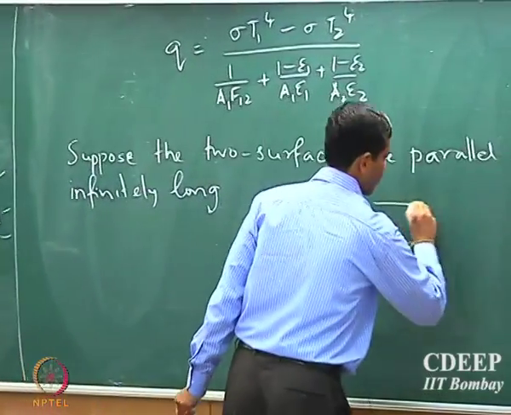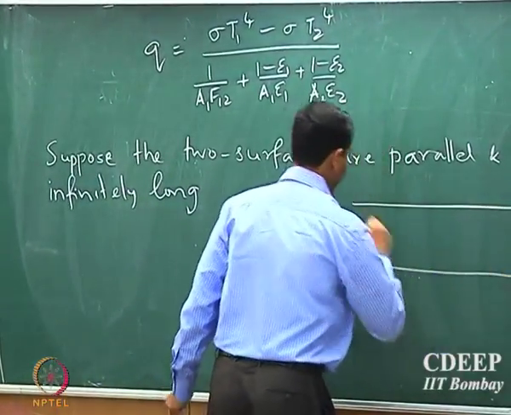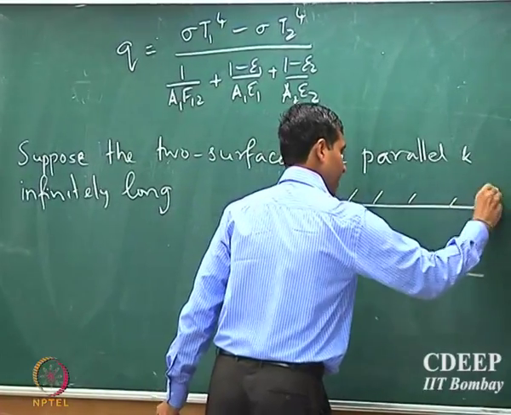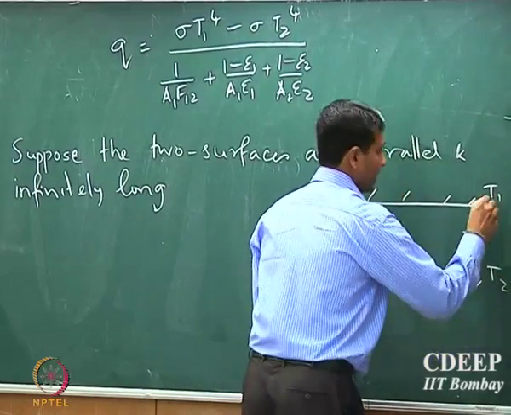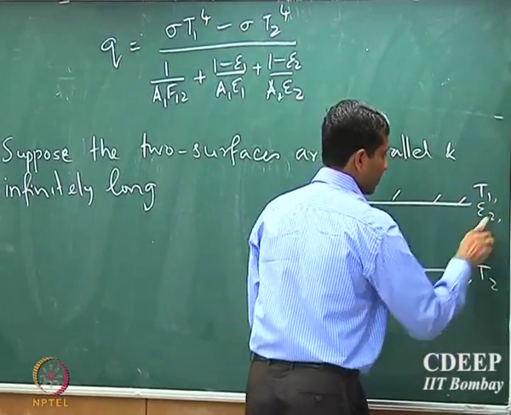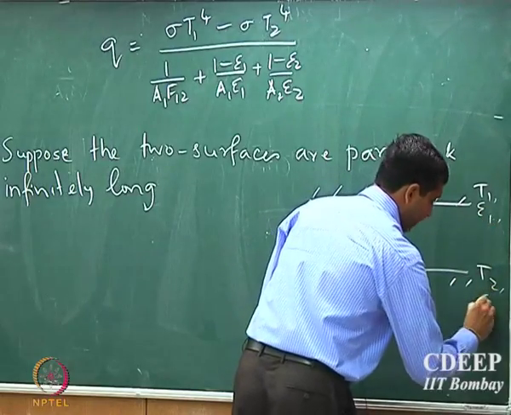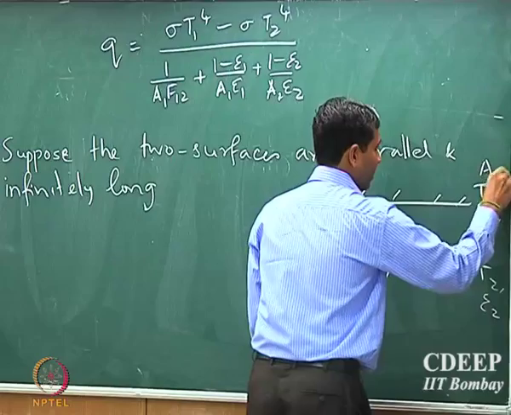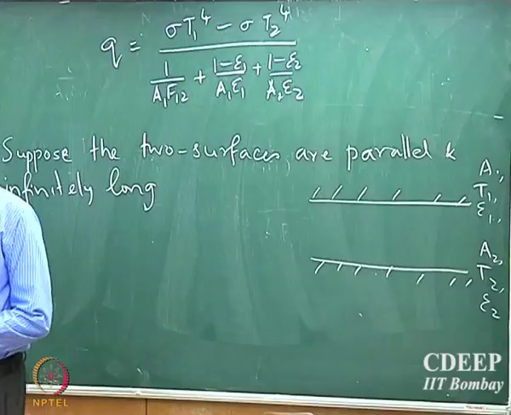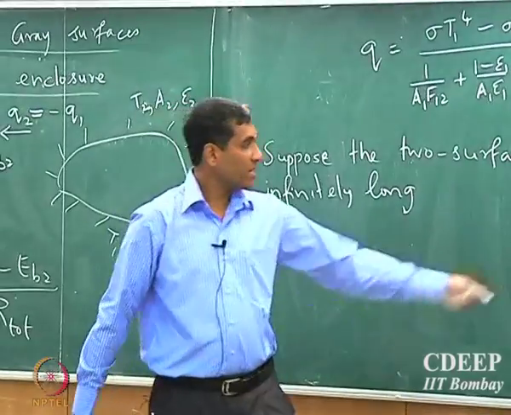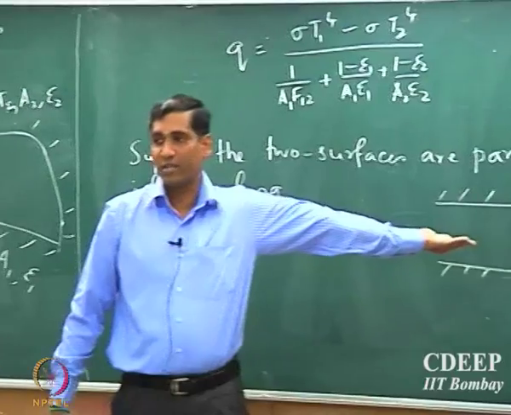So, you have parallel plates maintained at temperature T1 and T2, and the emissivity is epsilon 1, epsilon 2, and the area is A1 and A2. Okay. So, if it is infinitely parallel, then you could assume that these two areas are equal to each other.